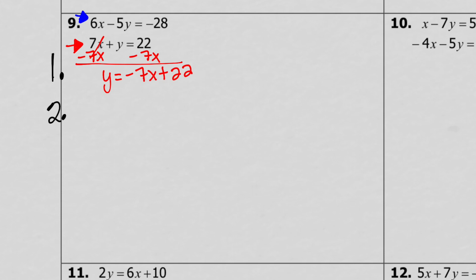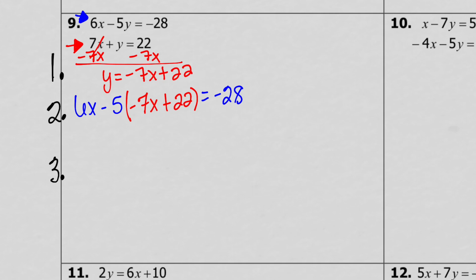So we're going to have 6x minus 5 times -7x plus 22 equals -28. Then, so there's step 2. Step 3 is to solve for the variable that's in the equation still.